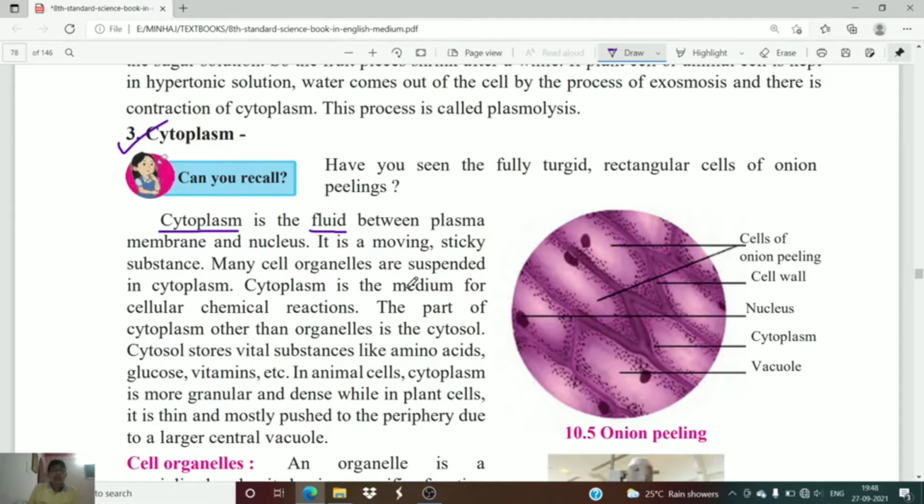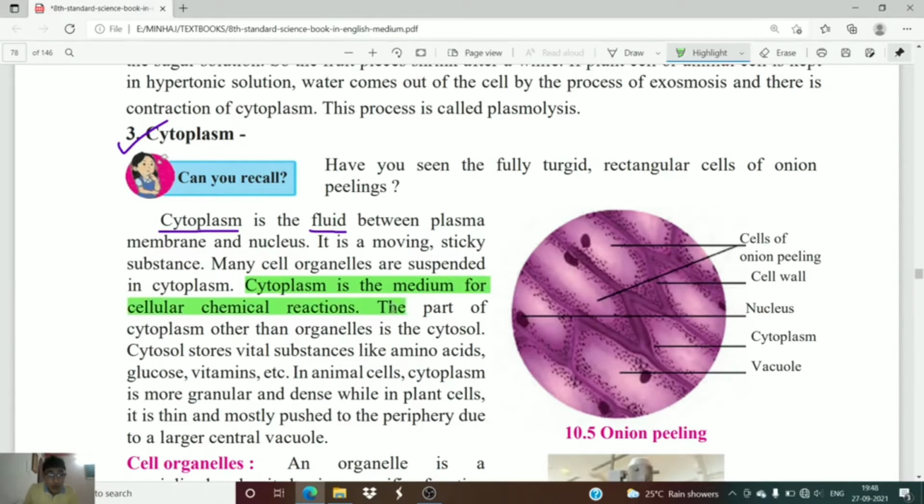Many cell organelles are suspended in cytoplasm. We have to keep in mind that in the cytoplasm you will find all the cell organelles of a cell. Cytoplasm is the medium for cellular chemical reactions. So whatever chemical reactions take place in the cell are carried out in the cytoplasm.